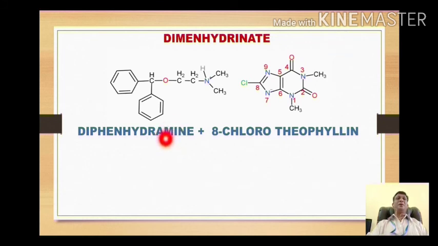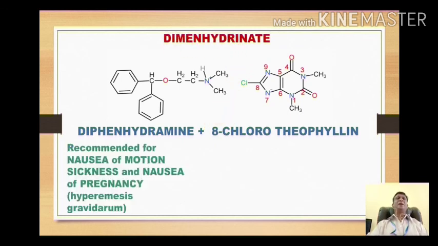This is the combination of diphenhydramine, means this structure which we have just undergone, and the 8-chlorotheophylline. Dear students, 8-chlorotheophylline is a CNS stimulant. So to counter the action of diphenhydramine, a CNS stimulant like 8-chlorotheophylline is made in combination with diphenhydramine to give us dimenhydrinate.